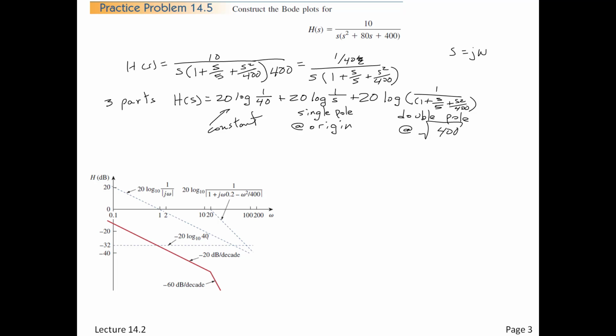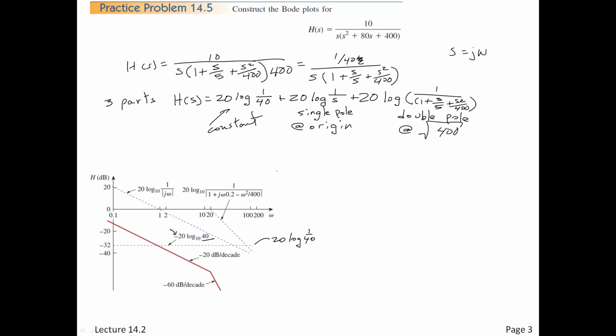All right, so this has been converted into 40 with the addition of the minus sign. Okay, so that's the same as 20 log of 1/40th. All right, so that's our constant down below.